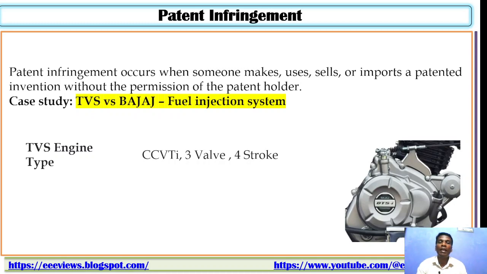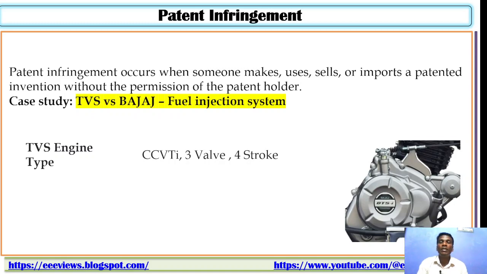So they designed another type of fuel injection at TVS. Now Bajaj has filed the case against TVS, stating that they copied their DTSI fuel injection system and renamed it controlled combustion variable timing intelligence.